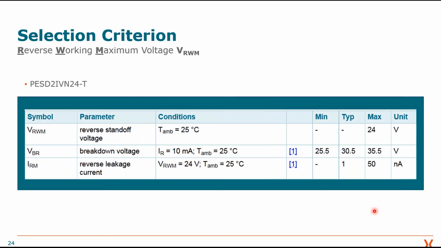To get an indication when the ESD protection is operating, we have to take a look at the row below, the breakdown voltage. The breakdown voltage describes the transition from, let's say, a standby mode to the real operating mode of the ESD protection. And then you can get the current straight to ground. So that's an important distinction we have to make here.